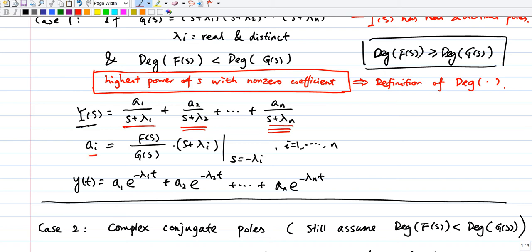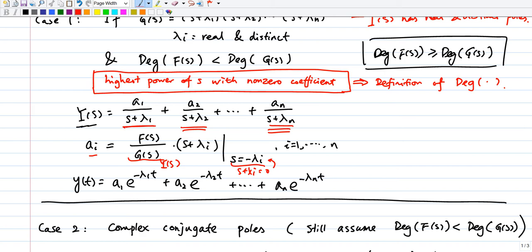For each ai, we multiply the original Y(s) by (s plus lambda i), which gives a product, and then we evaluate at s equal to minus lambda i. In other words, we set s plus lambda i to be 0. That's how you figure out each ai, and once you do that, we can figure out all the ai's.